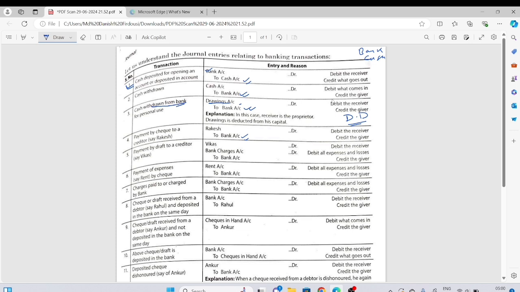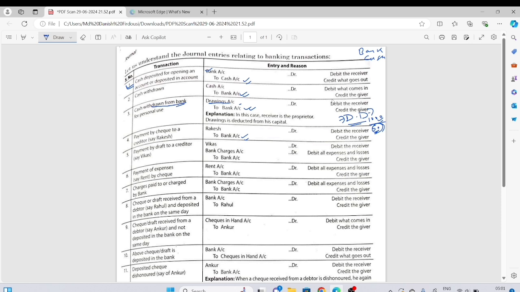And if you go to the bank to prepare the DD, suppose you wanted a DD of rupees 1000, then the bank will demand 1050 rupees from you. It means the bank has a certain charge for these services, maybe 50 rupees, maybe 100 rupees like this.